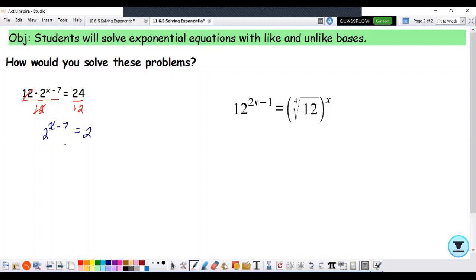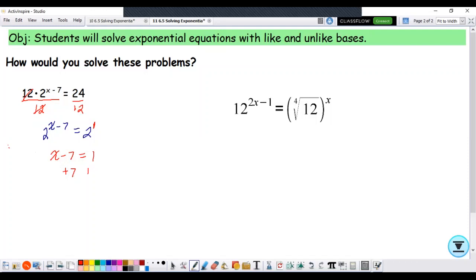The nice thing here is I do have the same base, but I notice I don't see an exponent on the 2 that's on the right side of my equation. So I remind myself, that just means that the exponent is a 1, because anything to the first power is equal to itself. And then we can write x minus 7 is equal to 1.